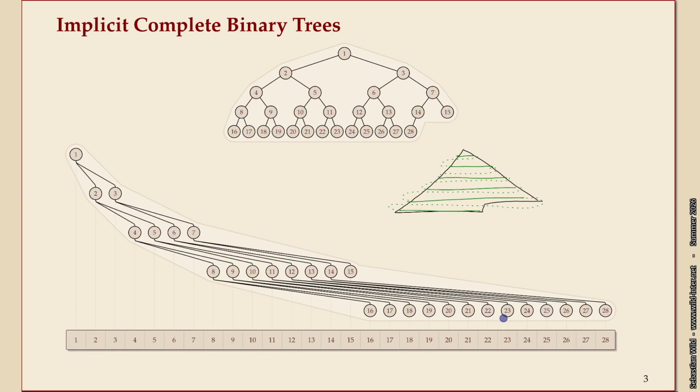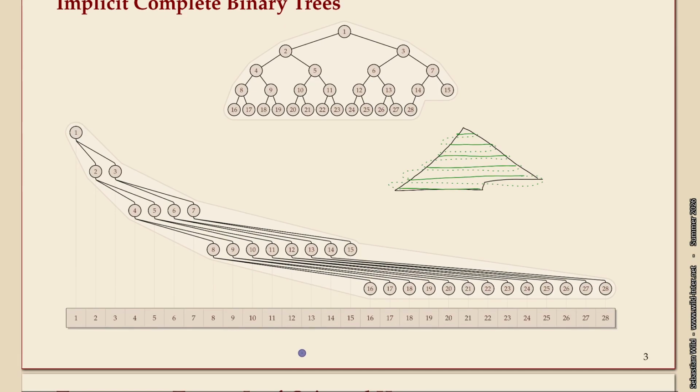Okay. You can enumerate the vertices, the nodes of the tree in level order, and then you get the order in which they appear in an array. And that has the nice feature, if you draw it slightly differently, it's the same tree just stretched, that to get from some vertex to its 2 children, you just take the index and multiply it by 2.